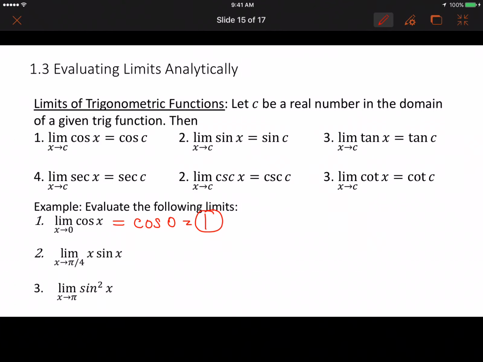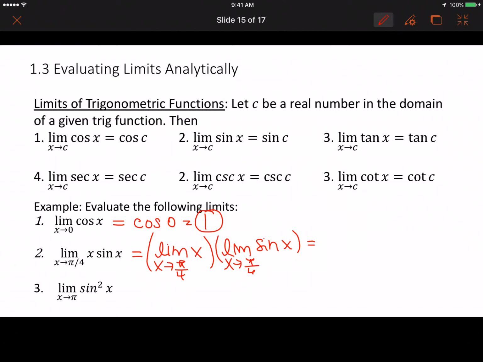What about the limit as x approaches pi fourths of x times sine x? Well, remember from our properties of limits, if we have a product of functions for which the limit exists, then the limit is just the product of their limits. So I'm allowed to just multiply the limit as x approaches pi fourths of x times the limit as x approaches pi fourths of sine x.